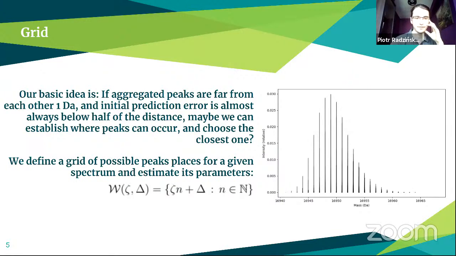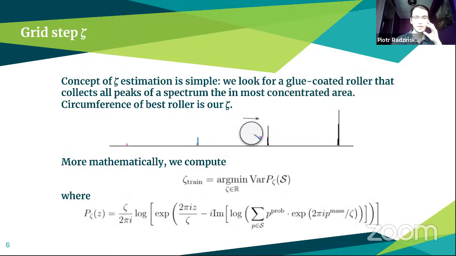And such a grid has two features, a distance between points and a shift of this grid, and we have to estimate those two parameters.